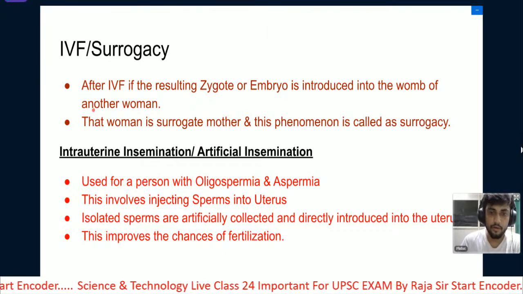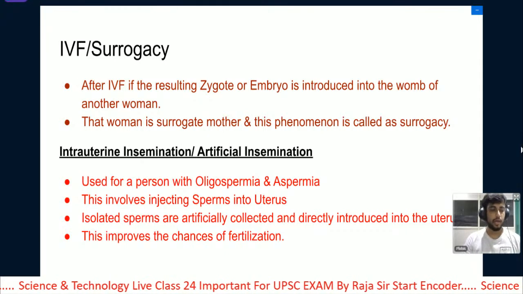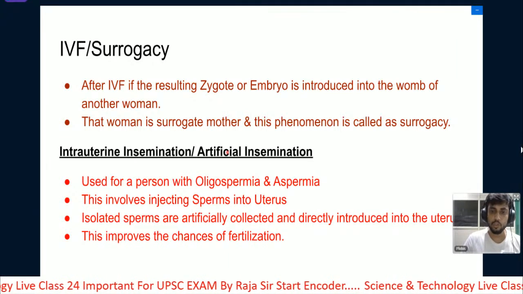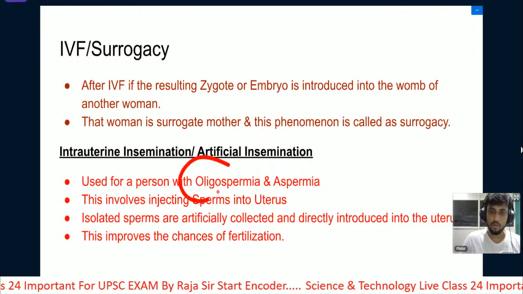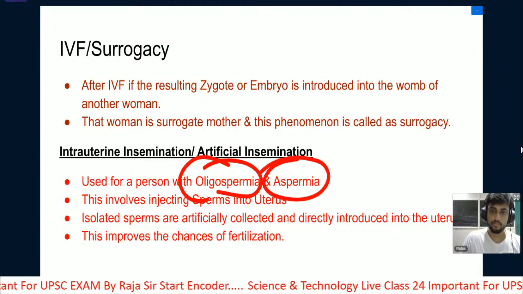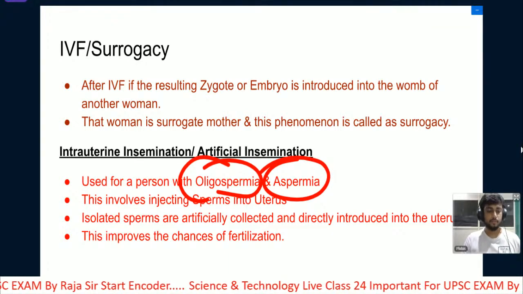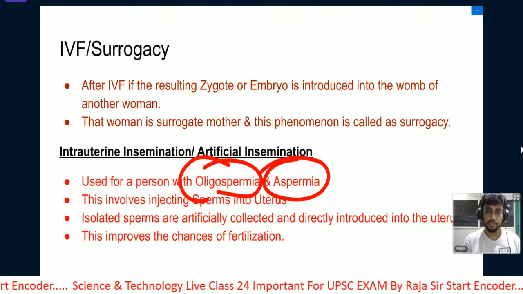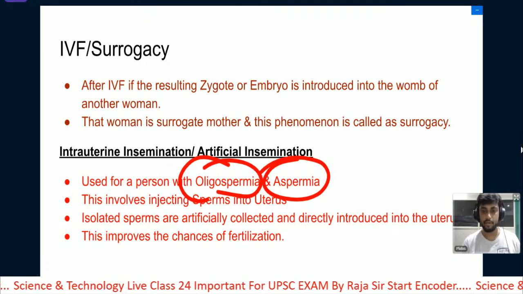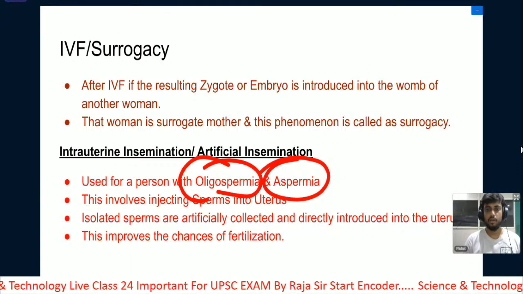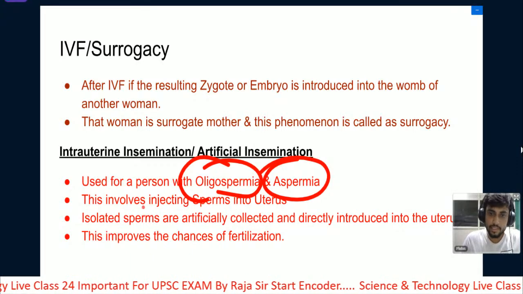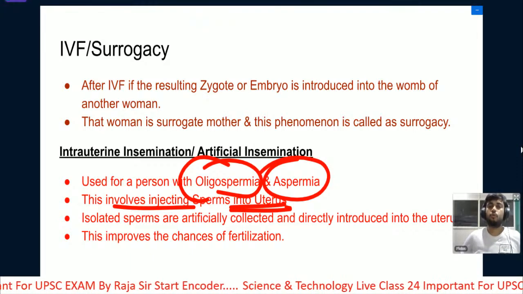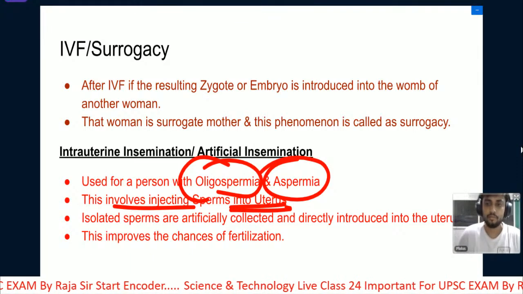नाउ वी हैव द इंट्रायूट्रीन इंसेमिनेशन और द आर्टिफिशियल इंसेमिनेशन. नाउ इन केस ऑफ द ओलिगोस्पर्मिक पर्सन और एस्पर्मिक पर्सन, वो पर्सन जिसके अंदर स्पर्म काउंट लेस है या जिसमें स्पर्म्स ही नहीं बनते हैं, ओके, देन इन दैट केस वी कैन इंजेक्ट द स्पर्म्स डायरेक्टली इनटू द यूट्रस टू इंक्रीज द चांसेस ऑफ फर्टिलाइजेशन.